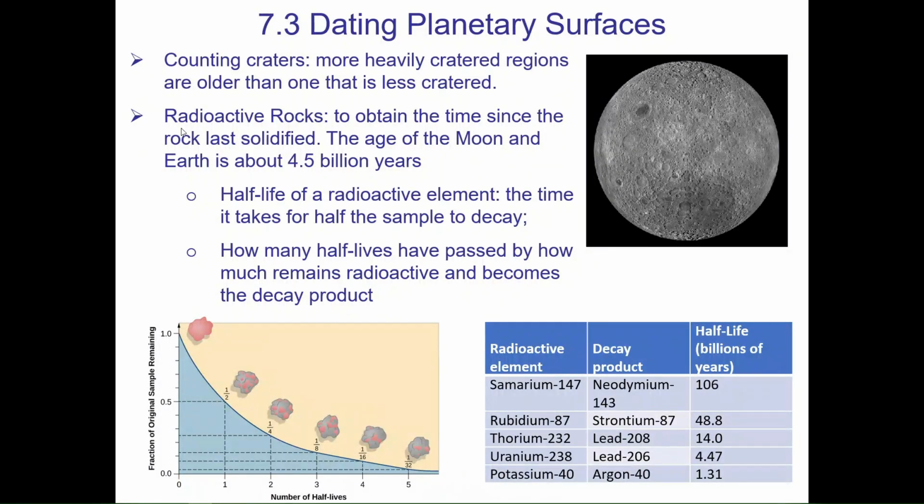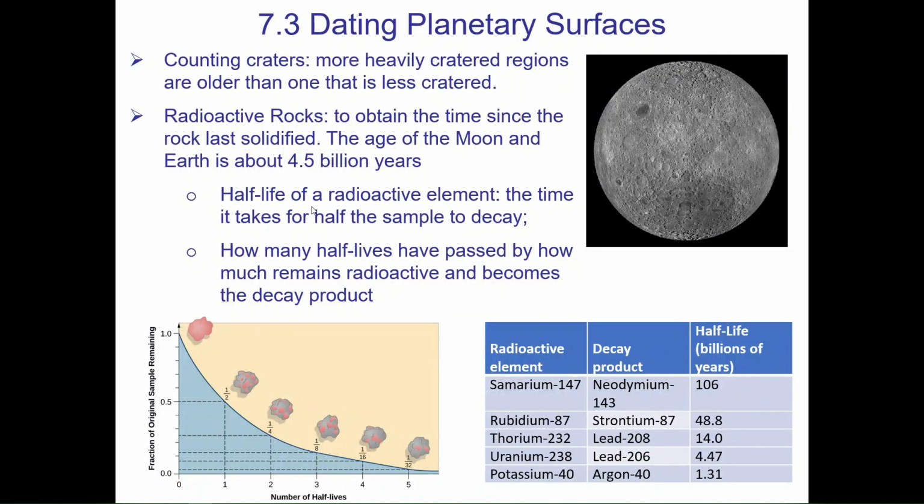So what is a radioactive rock? Radioactive rocks always contain what we call a radioactive element. The radioactive element will decay. That means it will become a new element within a certain time.